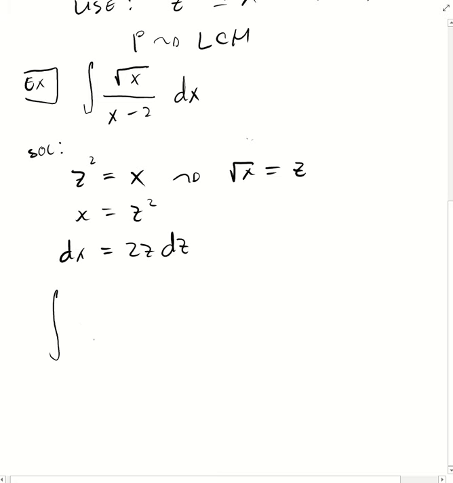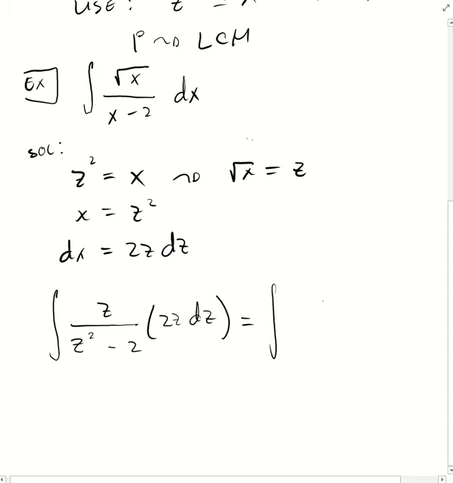At the numerator, we have the square root of x, which is equal to z. At the denominator, we have x minus 2. Our x is z squared, so this is z squared minus 2. Then multiply it with dx. Our dx is 2z times dz. And just simplify this.